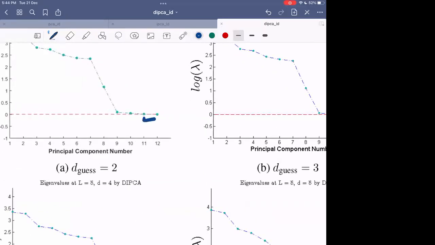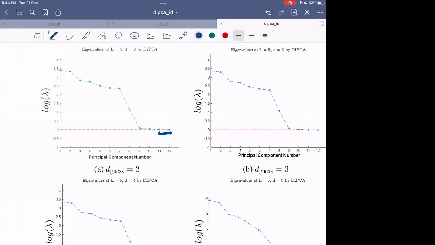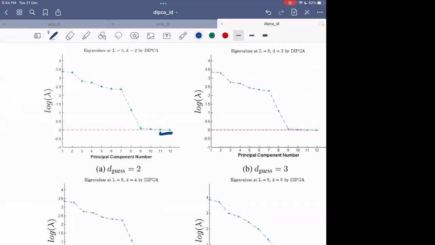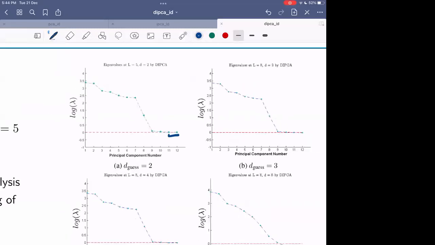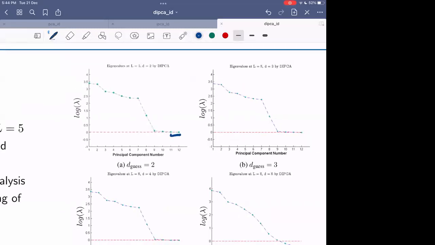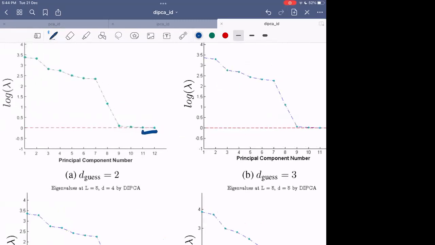So we say there are 2 unity eigenvalues. Yes, I'm eyeballing here, but there is also a hypothesis test that you can conduct, and that is reported in another paper. It's also available as a part of the GUI, or the toolbox, that we have developed. So even eyeballing, you can say that there are 2 unity eigenvalues.